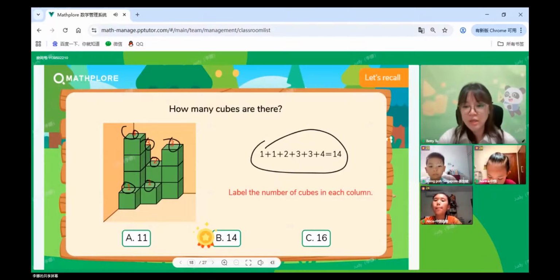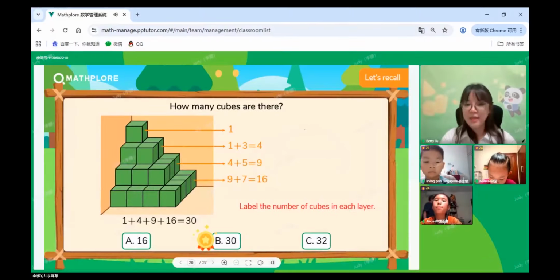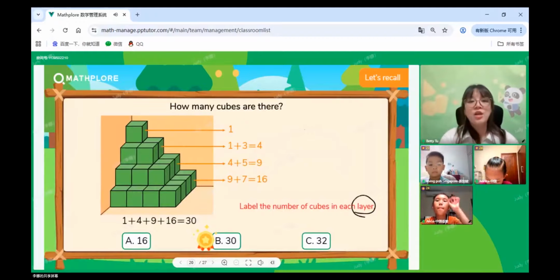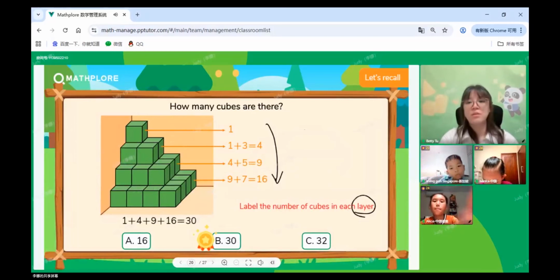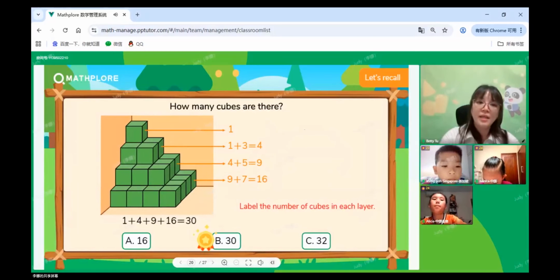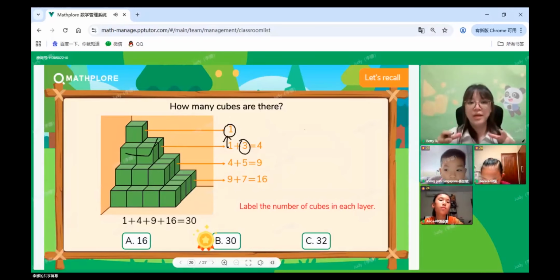And here, the second way to count it is by layer. So we count it from the top to the bottom. And don't forget, we take the number from the upper layer, then plus the visible cubes in the second layer. That will be the total number in the second layer, right?